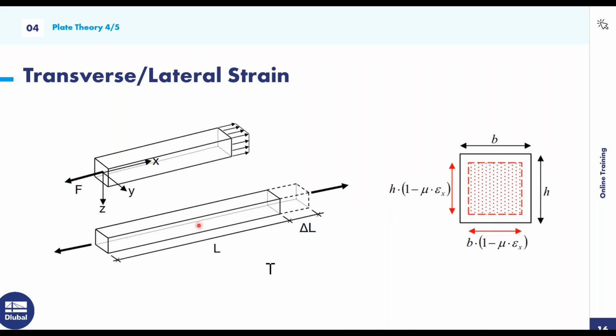We have a force on each side, putting the beam into tension. When this tension force is applied to the beam along its length, the cross section will shrink with regard to its height and width. You can see that the height and width shrinkage is based on this mu factor here, and this is how that is taken into consideration.